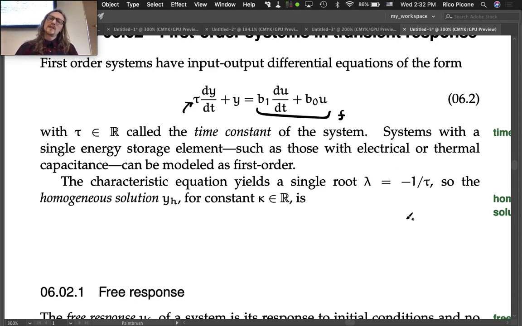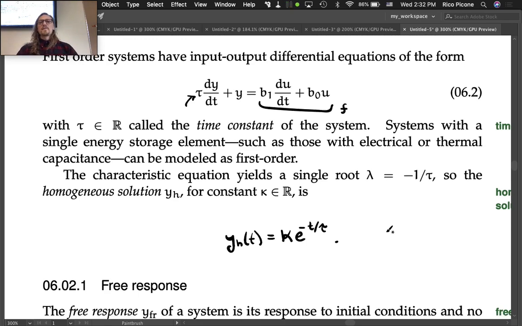So the homogeneous solution for constant kappa is y homogeneous of t equals kappa e to the minus t over tau. Okay? So that's our usual bit there.